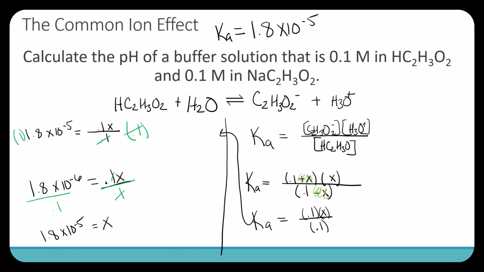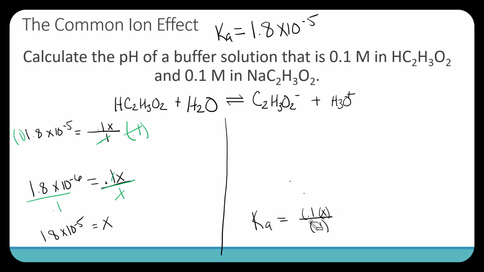So what is that x? Remember that x was the concentration of hydronium at equilibrium. So we want to take this one more step because it is not asking us for x. It is asking us for pH. So that x value is the hydronium concentration.